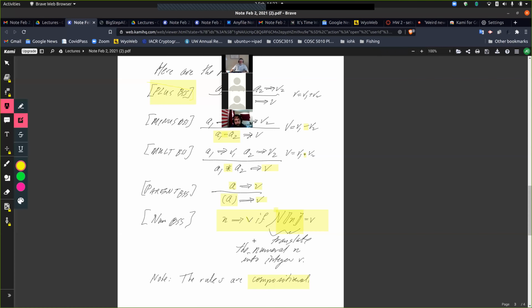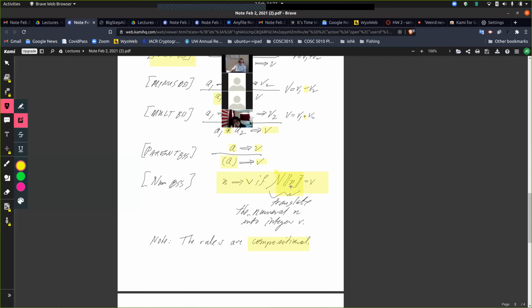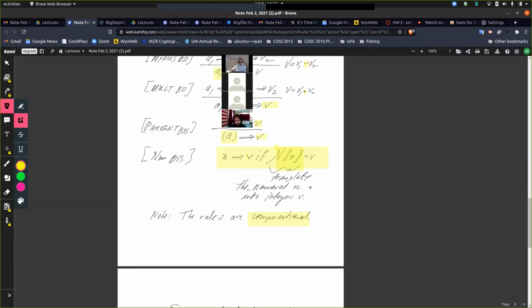So you could have a transition relation that pairs every expression from some language with a comment, and then they evaluate to integers, but the comment plays no role whatsoever. You just throw them away. But you'd still need to do compositional semantics on the part that you are using.